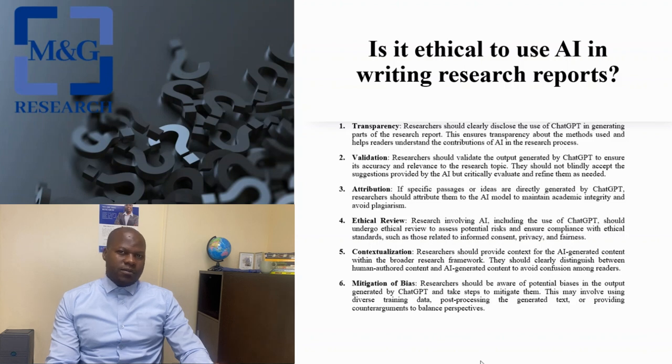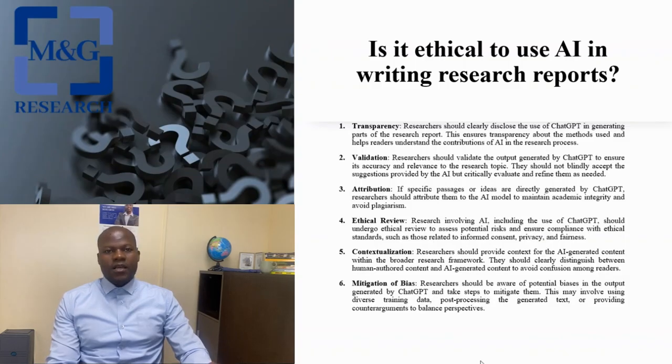That's very important. If specific passages or ideas are directly related or generated by ChatGPT, you need to ensure that those passages are actually attributed to the type of AI model that you use. The issue of ethics should never go unnoticed.